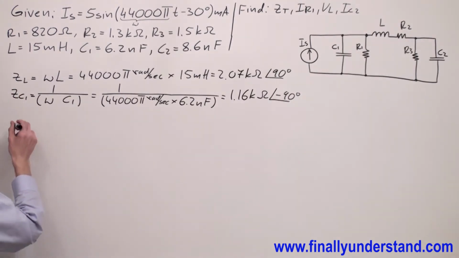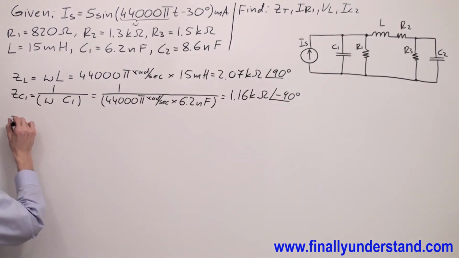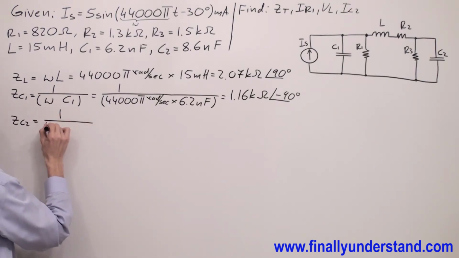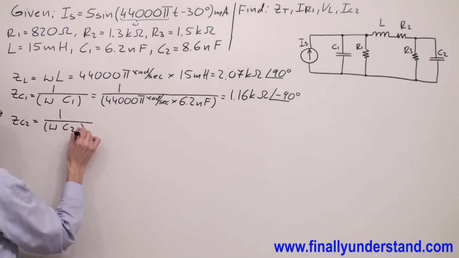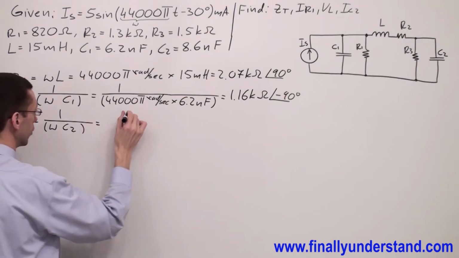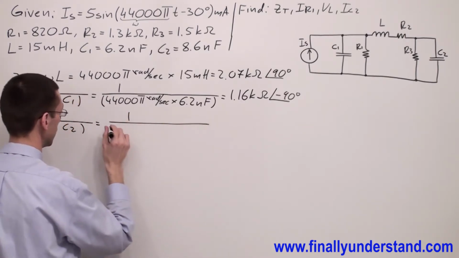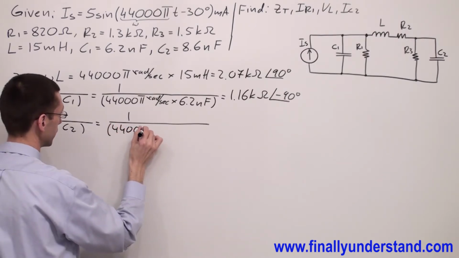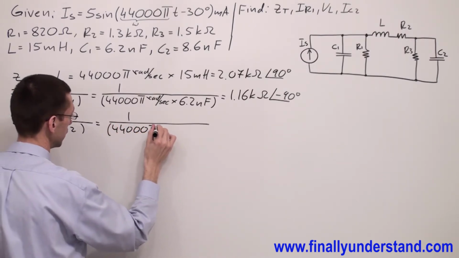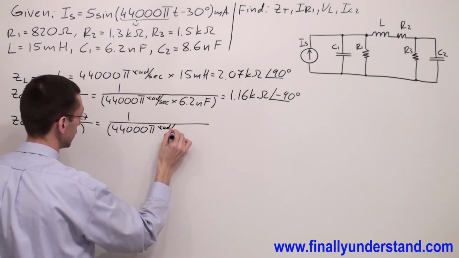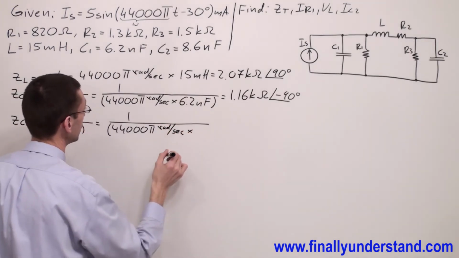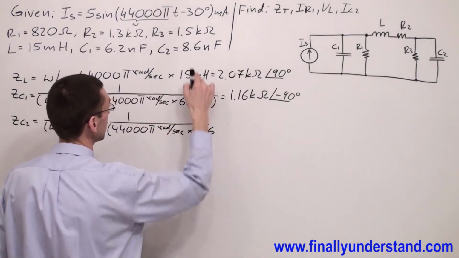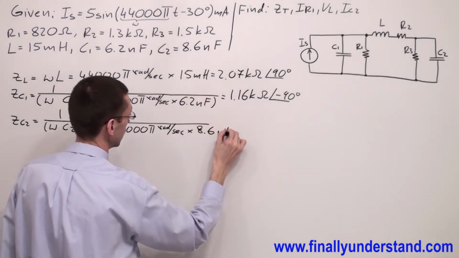Okay, so next we're supposed to find the impedance of capacitor C2, which is equal to 1 over omega C2, which is equal to 1 divided by, open parenthesis, 44,000 pi radians per second times 8.6 nanofarads.